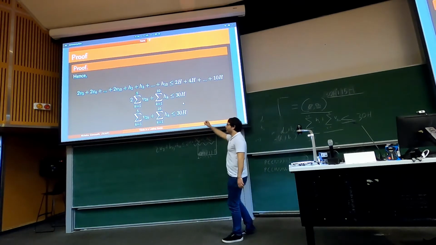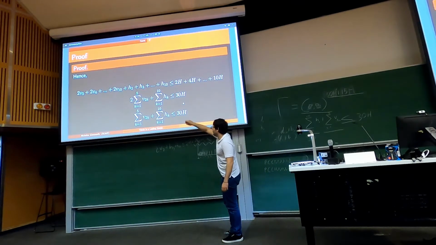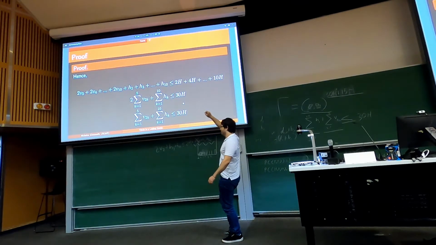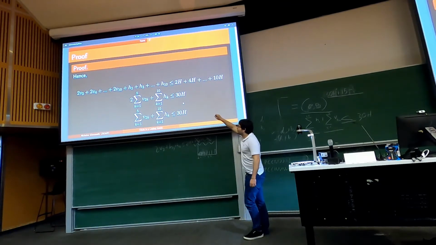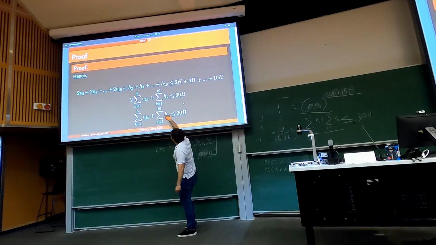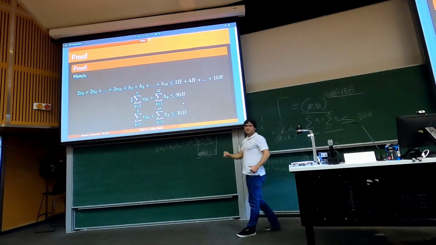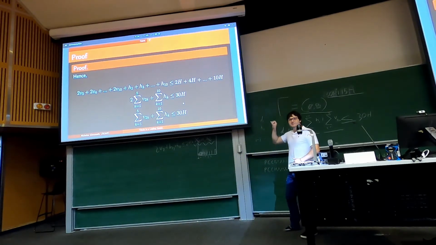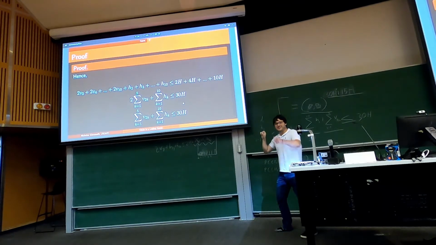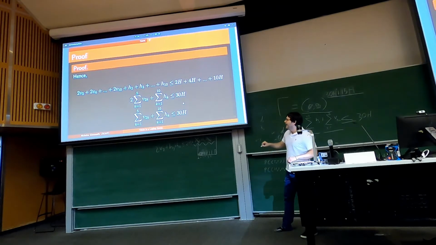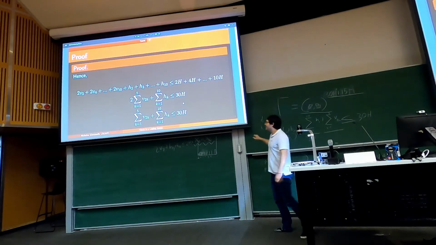Now we've already grouped the terms, so we just factorize out a 2 in front of the v terms, and we've sneakily added k equals 1, even though we don't have it in the h sum up there. Anyone know why that is? Why are we allowed to do that? Why can I just chuck in h1? Because it's 0. You're always allowed to add 0. Should be one of your favorite tricks. So we've added in that, and now we have exactly the result we wanted.